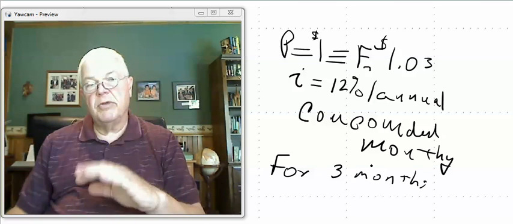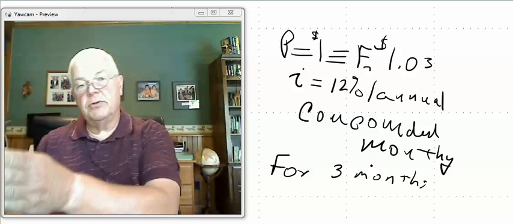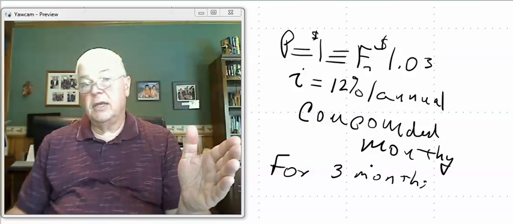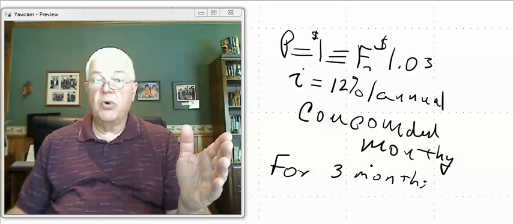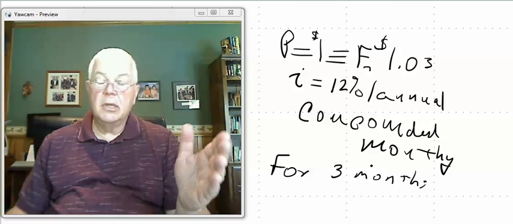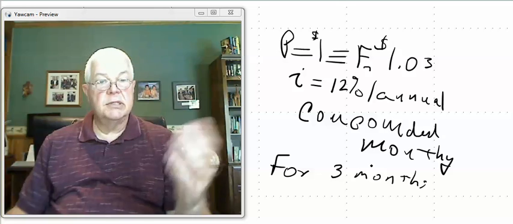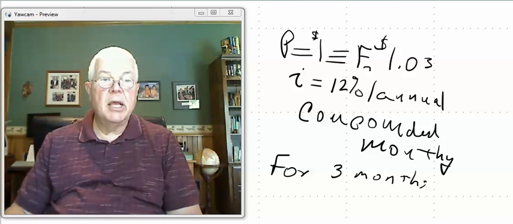You can write them going as present equals future, or as future equals present. Because if the future is 1.03 times the present, then the present is the future divided by 1.03. It's as simple as that. And so that is the basic concept.